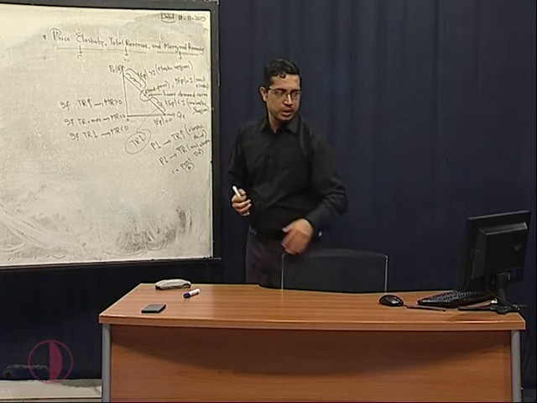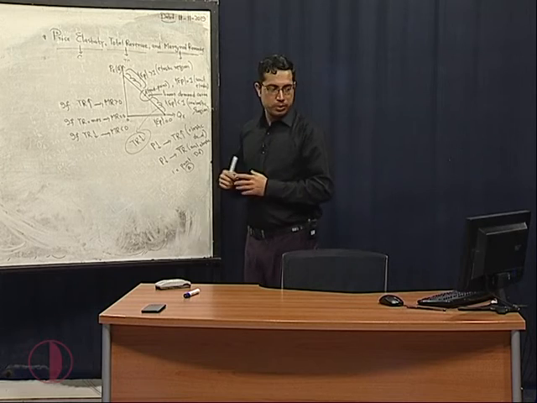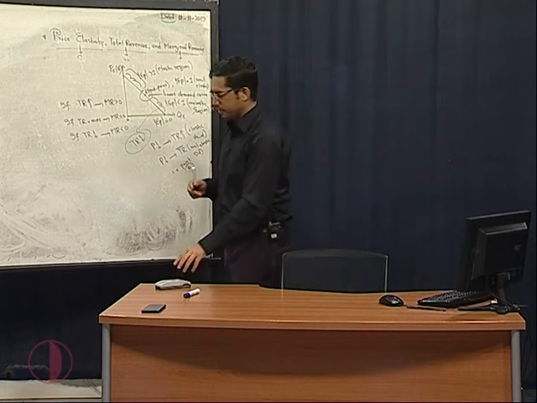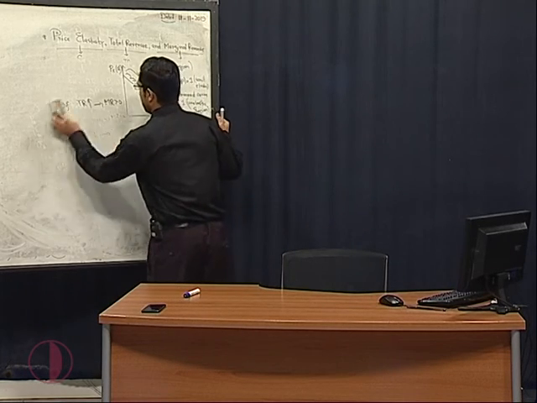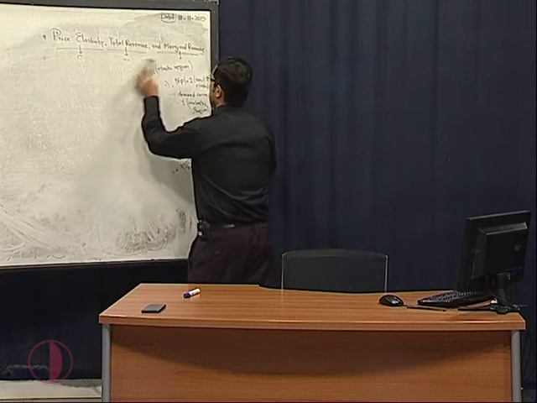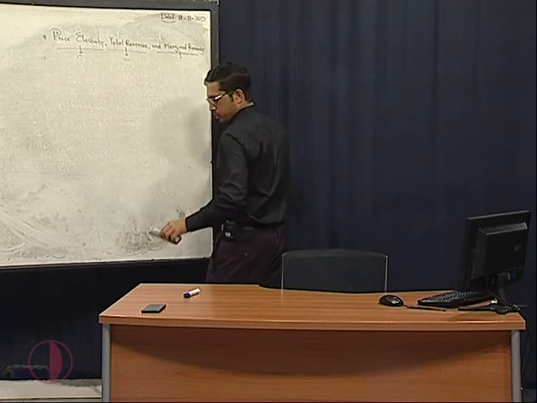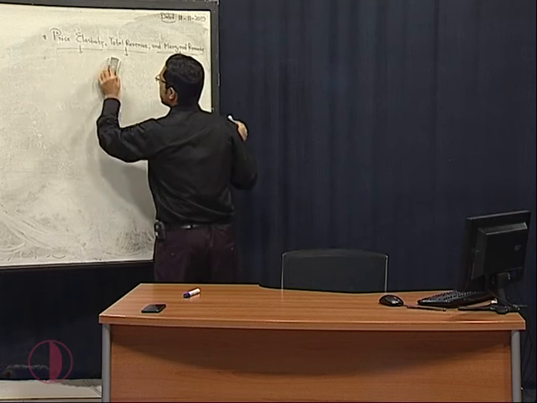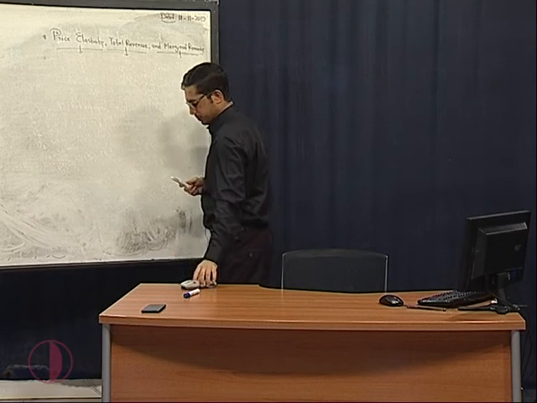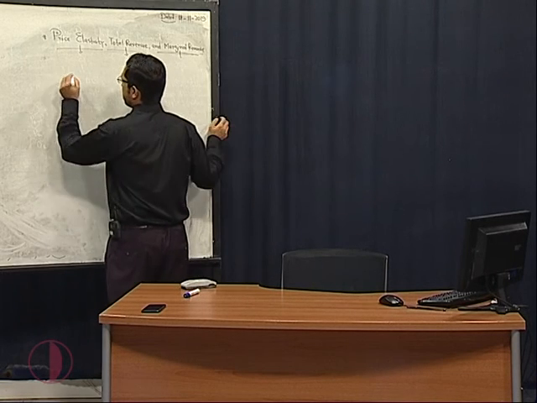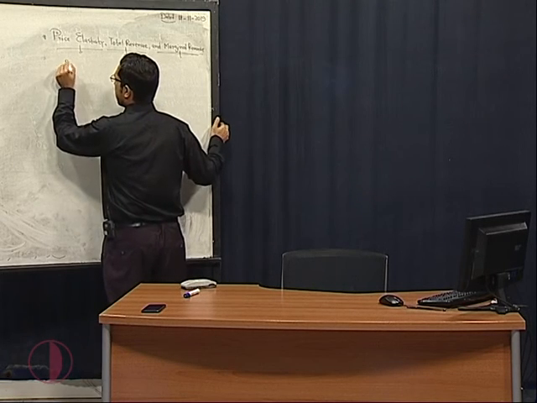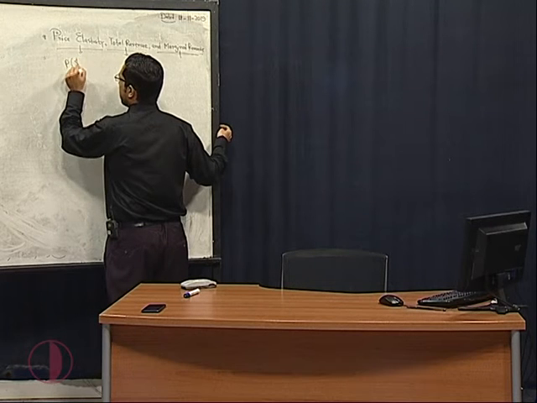Let me give you an example. I will give you a numerical example, then we will show it graphically as well. For example, we have price of a commodity in dollars.